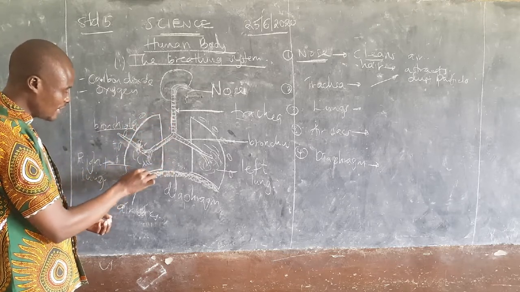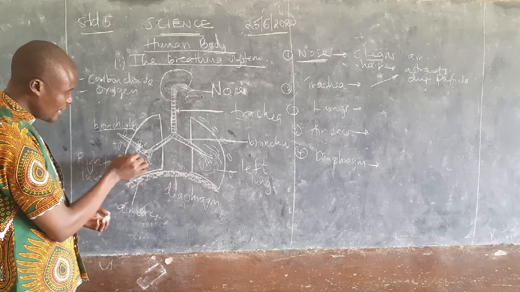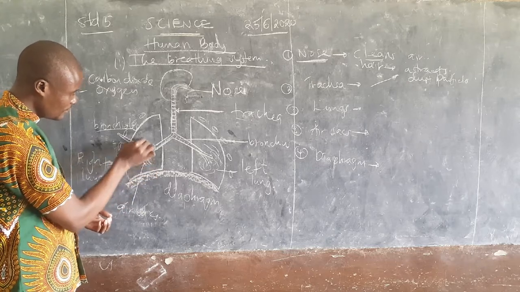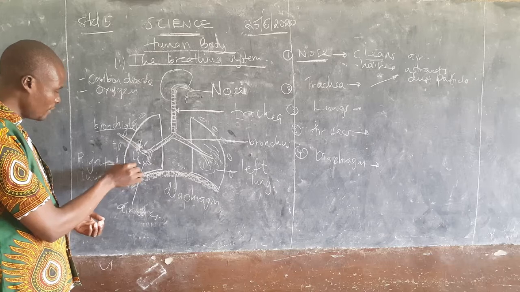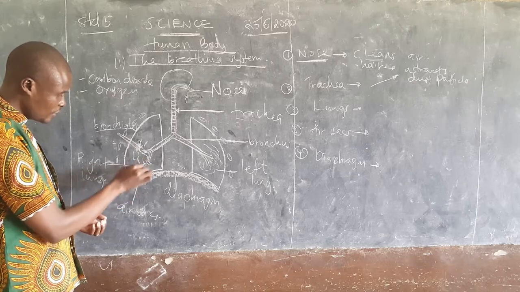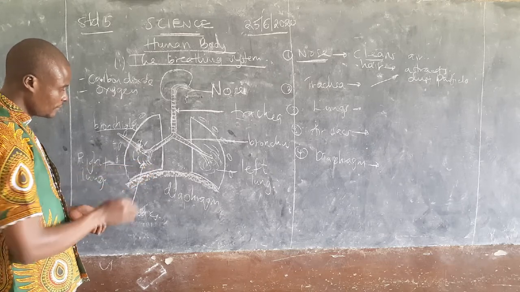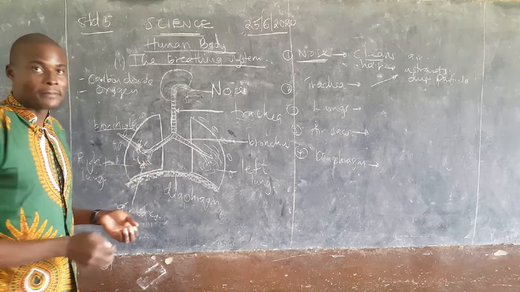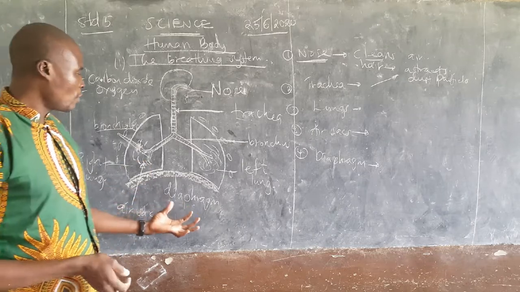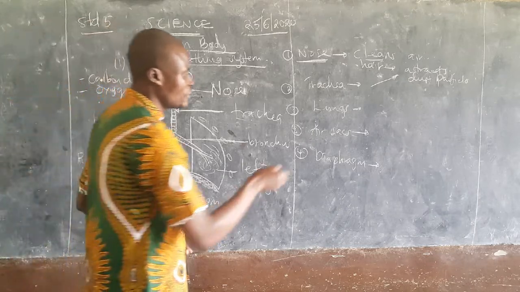So as it enters the lungs here, there are some things that I've drawn called the air sacs. The air sacs have alveoli in them, of which the major role is gaseous exchange.